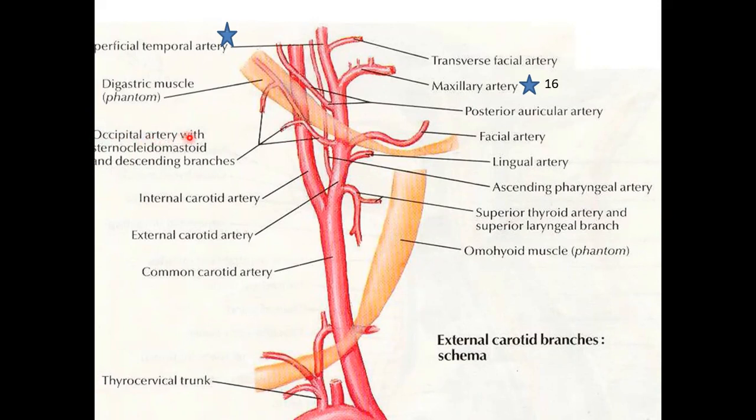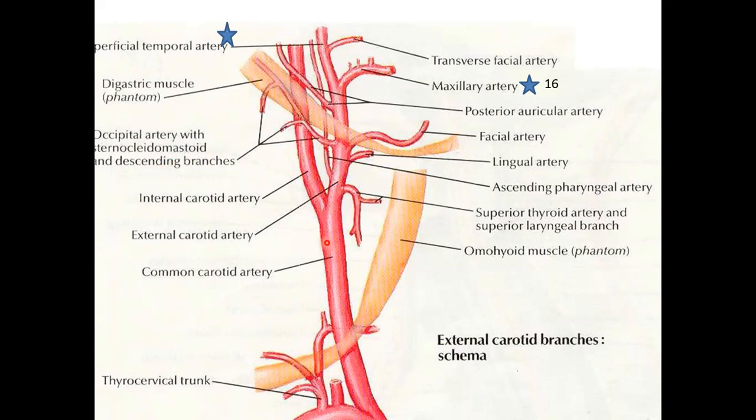This picture is also showing you branches that go to the sternocleidomastoid muscle as well as a descending branch. But occipital is another branch off of your external carotid. So I learned it, once again, by tracing my neck to sort of draw it out and remember the different branches and where they're going.